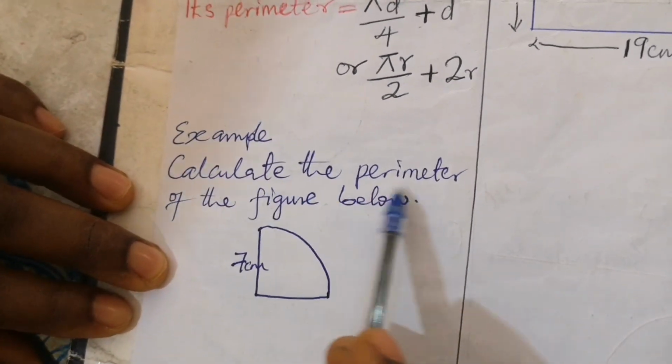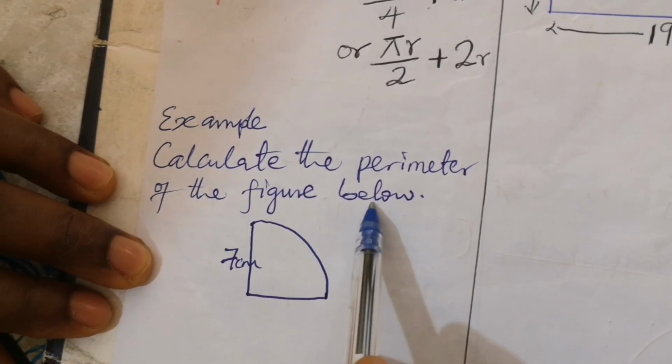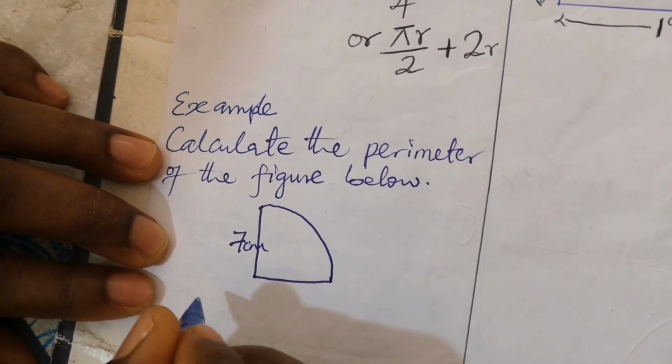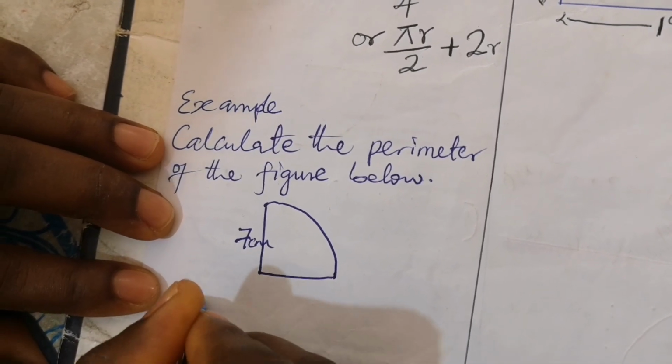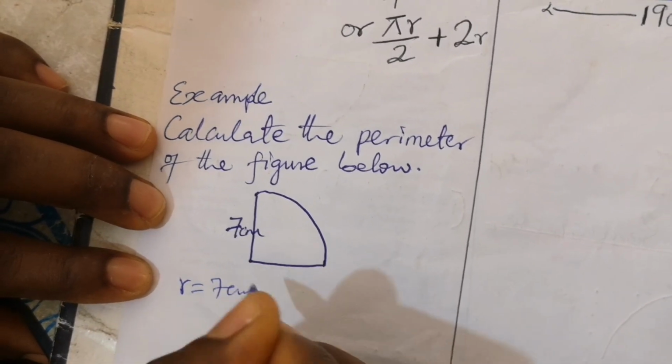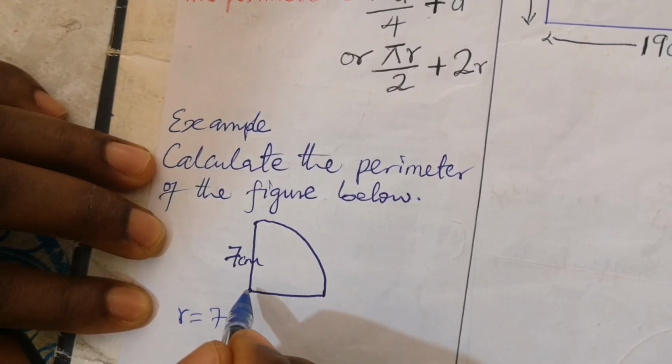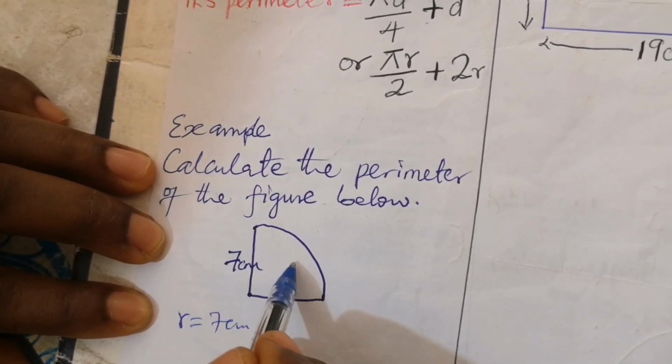Calculate the perimeter of the figure below. So this figure is a quadrant, and from what we have here, r is 7 cm, because this is the center of the circle from which this quadrant was cut off.